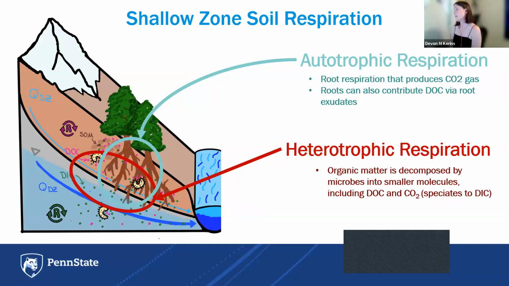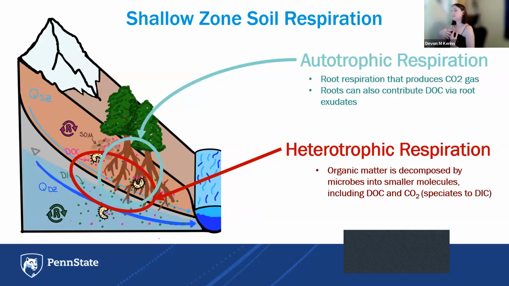Well, first we think of autotrophic respiration, and second, heterotrophic respiration. So autotrophic respiration is really the respiration that's associated with plants. So when plants respire, they can output CO2 into the subsurface via their roots, and their roots can also contribute dissolved organic carbon via root exudates. Whereas heterotrophic respiration is really associated with the microbial decomposition of organic matter in these shallow soils.